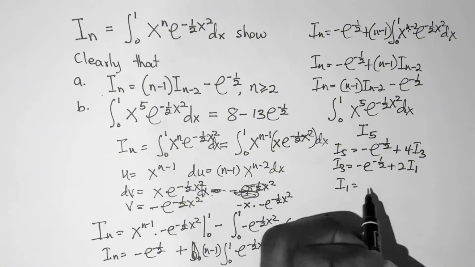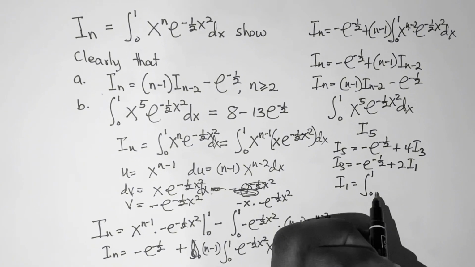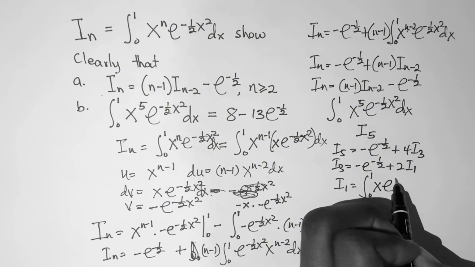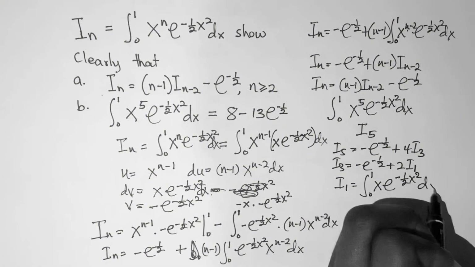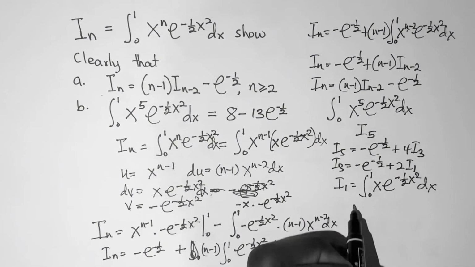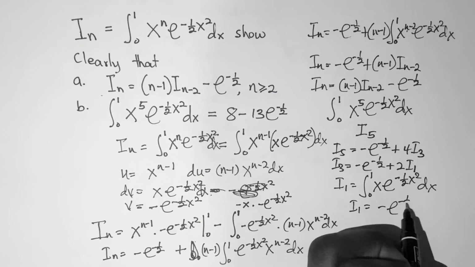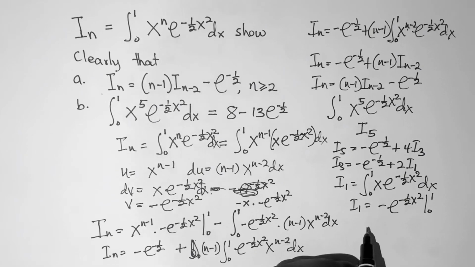I of 1 is equal to integral 0 to 1 of x exponent minus half x squared dx, which is x times exponent minus half x squared. But we have already done this. I of 1 is equal to minus exponent minus half x squared, evaluated at 0 and 1.